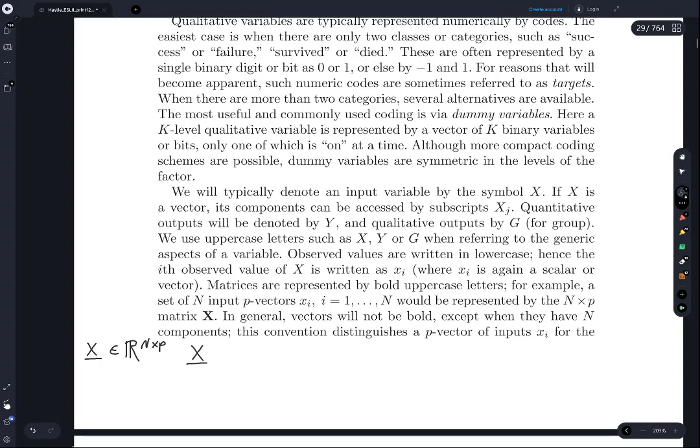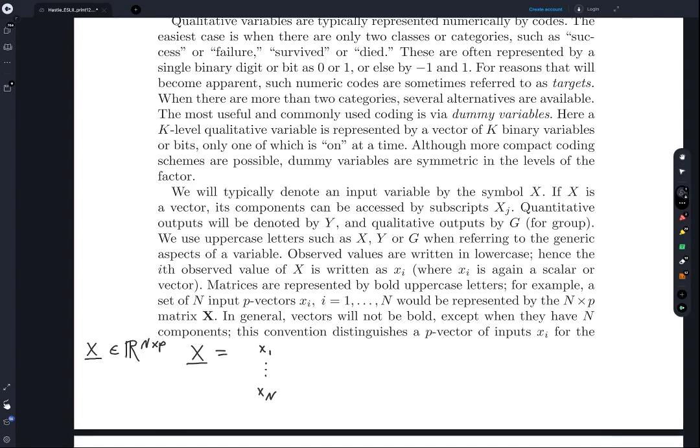The way that this works is each of these vectors is a row in this matrix bold X. So let's write out what this looks like. This would be lowercase x1 all the way down to lowercase xN, because there are n rows.